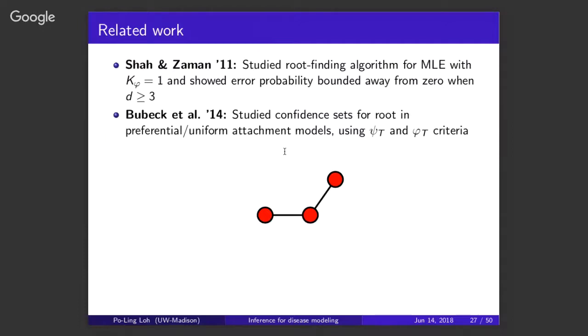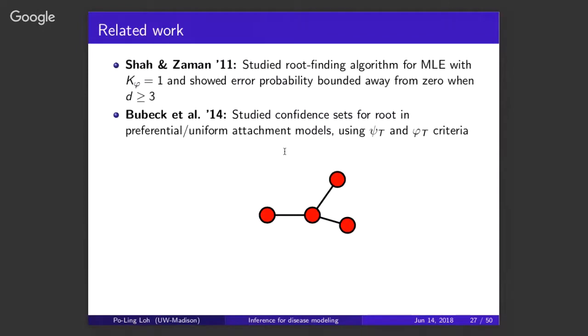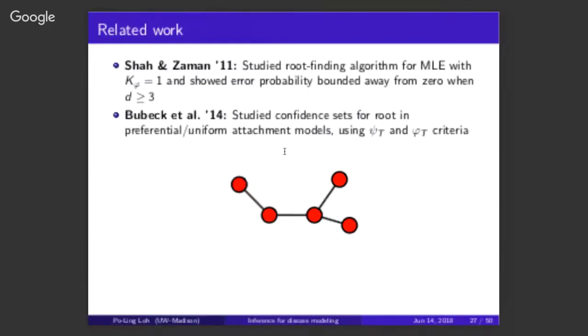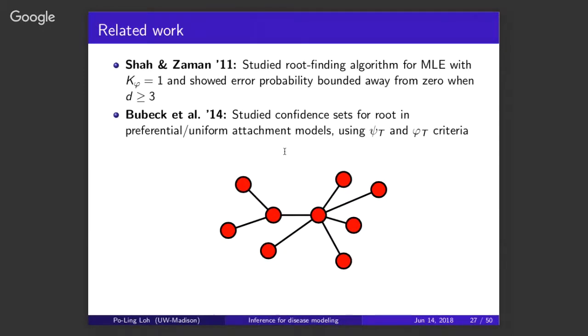So with probability 1/2, I'll attach to the middle node, and with probability 1/4, I'll attach to any of the others. And then this thing propagates. What we find is that in these preferential attachment models, we have a power law degree distribution. This is quite interesting in network science because they find these types of distributions in real world networks.